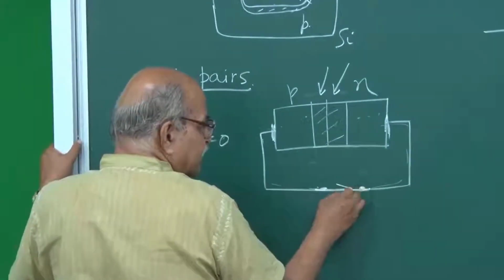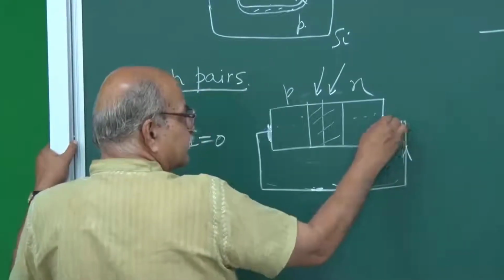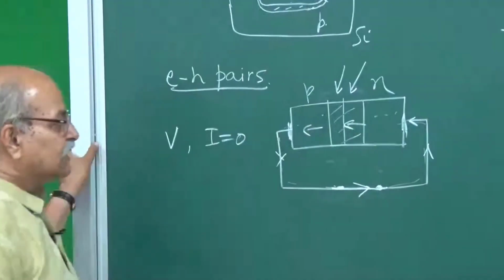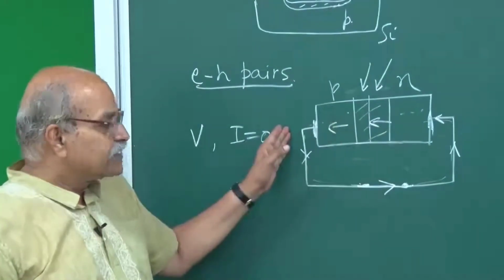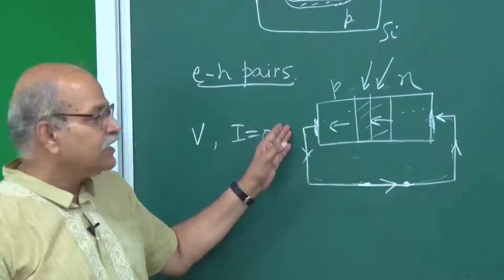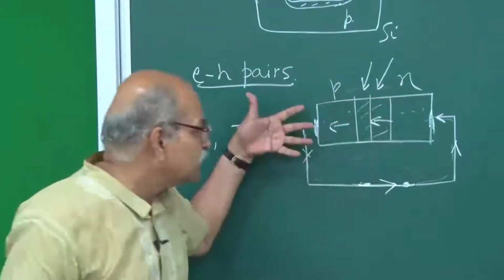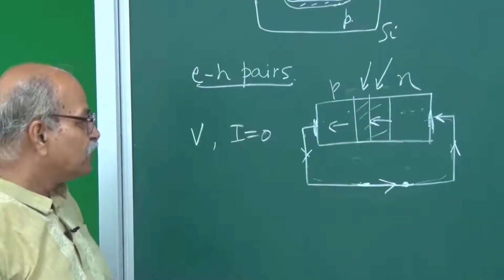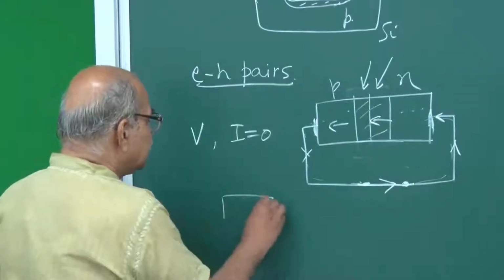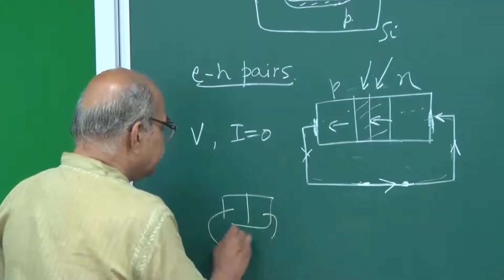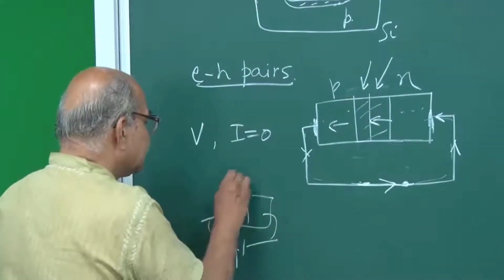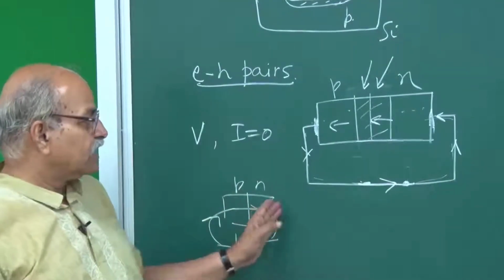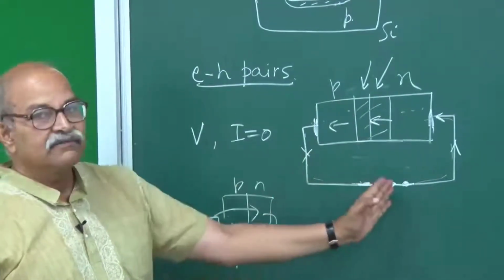So you will have a current here like this, and the current is in the negative direction. This is the p side, this is the n side. Normally p to n we take as the positive current. When we do a forward biasing of any p-n junction, then the current goes like this. So this is our typical positive direction of the current, and here it is going in the negative direction.